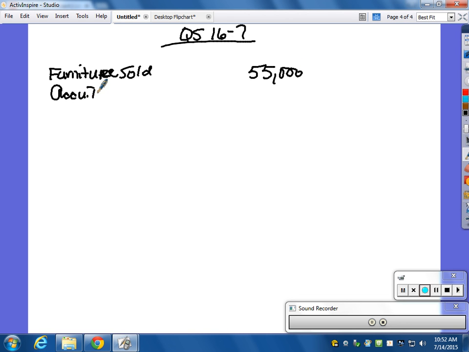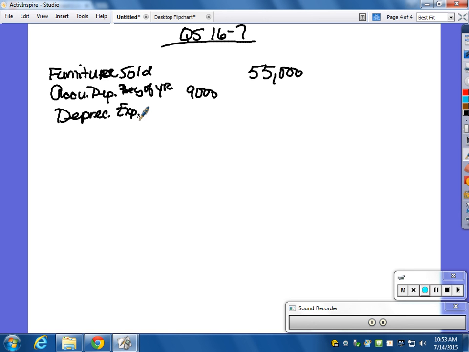What was the accumulated depreciation at the beginning of the year? 9,000, for 2012. And what was the depreciation expense for the year?